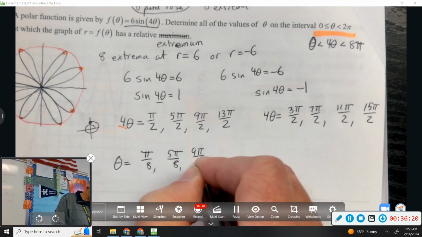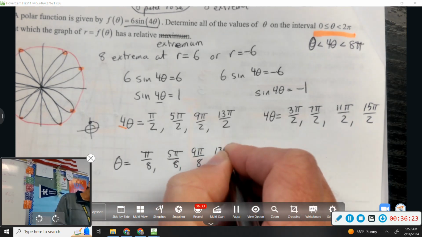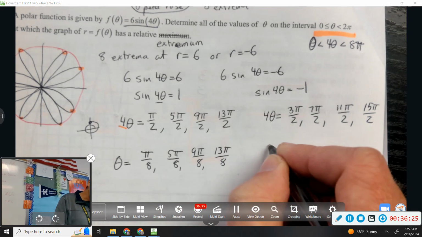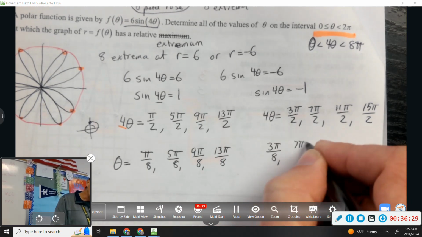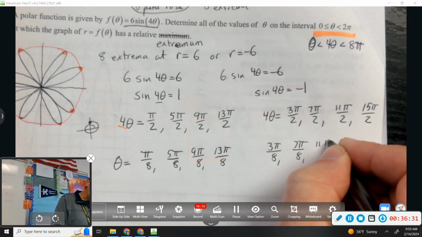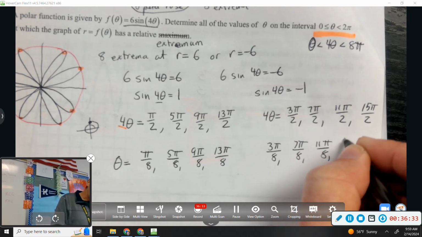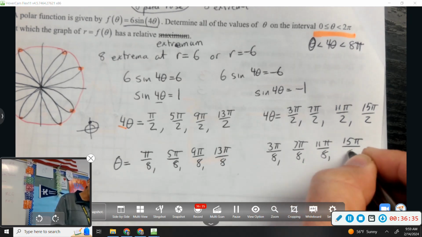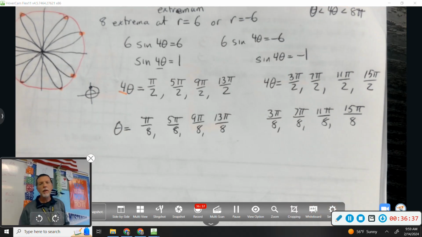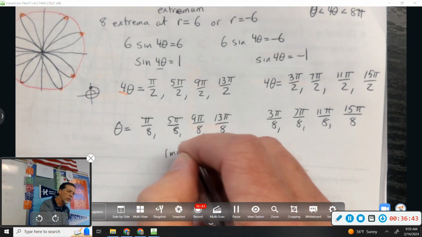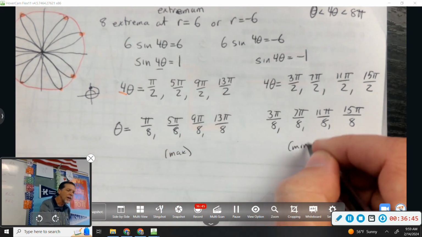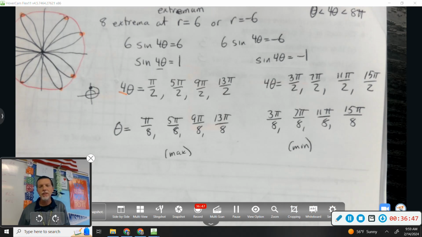And I'm going to leave them in this order. I guess that's out of order. If you wanted to put them in order, that would be fine. I'm leaving them out of order because there is still a process there. They're grouped by where it's a max and where it's a min. Those are maxes. Those are mins, but because of the confusion, we're not worried about that. We're just going to say they're all extrema.